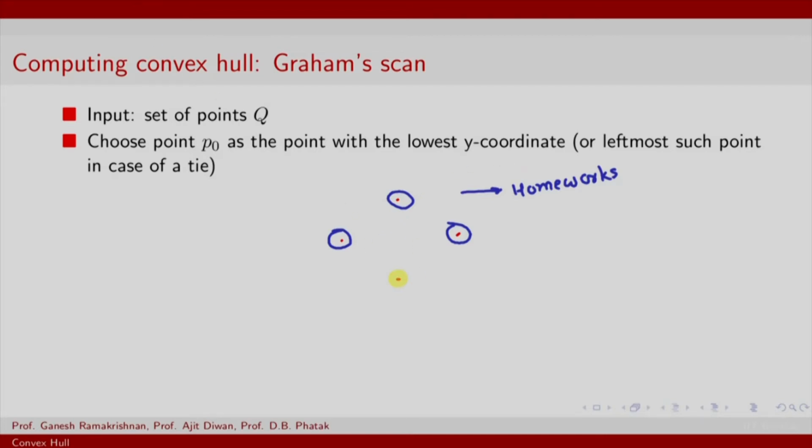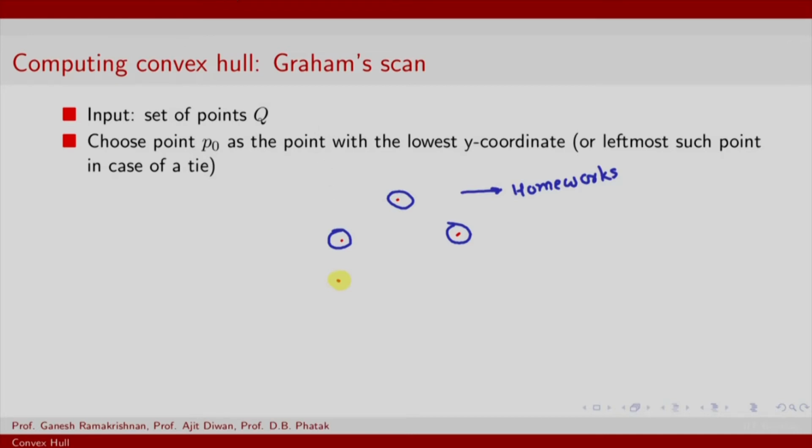In case there is a tie, which is in case there are 2 points which have the same smallest y coordinate, which could be the case here, you will break the tie by selecting the one with the smallest x coordinate as well. So let us stick to the story. What would you do next?